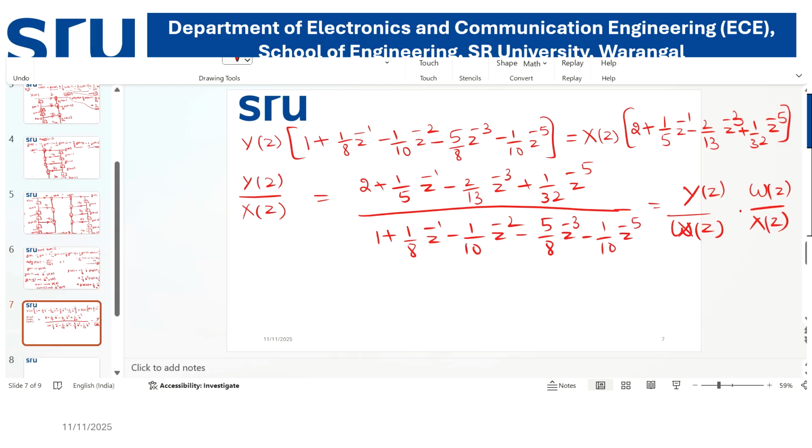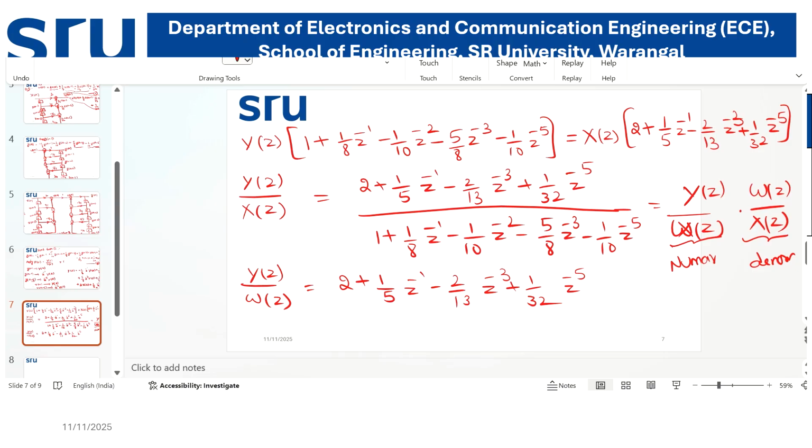Now in this factor, Y(z)/W(z) we always consider as the numerator value. The first term I am equating with the numerator, and the second term I will equate to the denominator value. So this is the numerator. This first function I am equating with Y(z)/W(z), and the denominator value I will equate to X(z)/W(z).